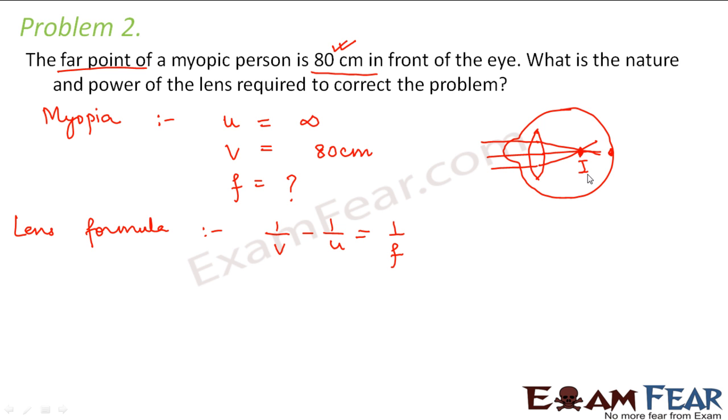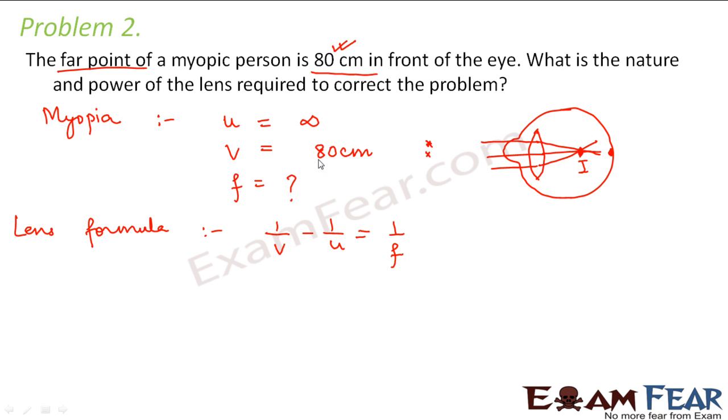Instead of forming the image here, it forms the image here. So this is the problem of myopia. Your object is somewhere here, and the image formed is real and inverted, but it gets interpreted by the brain. So your image is formed on this side.